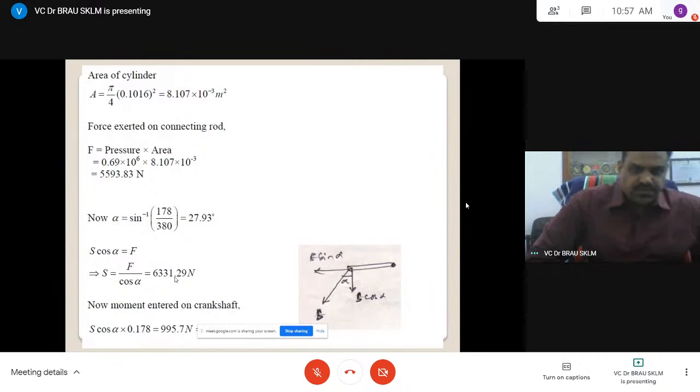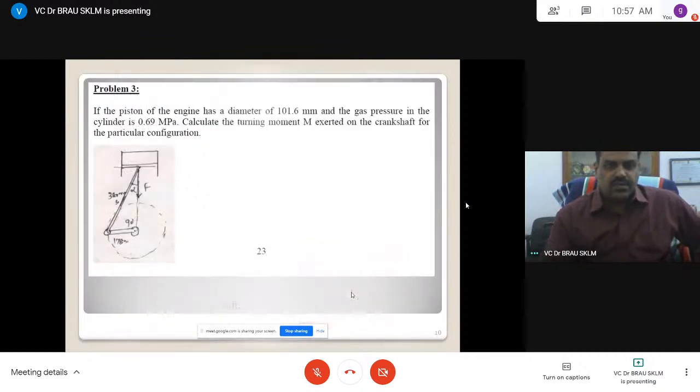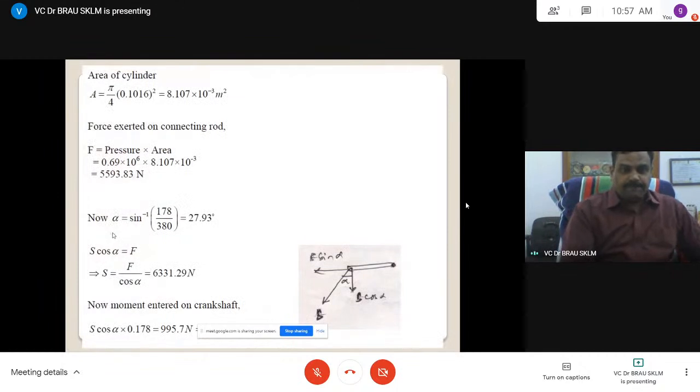Okay. Now this S cos alpha into point, S cos alpha about this point. This is the length. S cos alpha, S sin alpha. Okay. And this is how we can determine the problem.